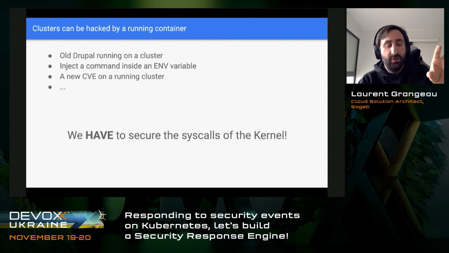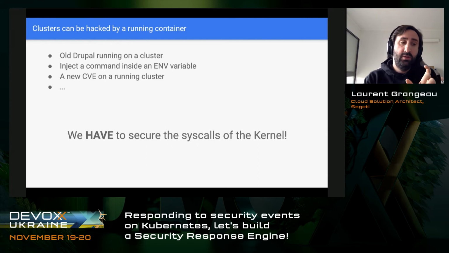We can go also to the machines running on AWS, and then you can call the metadata server and get a key to be able to hack your AWS cluster. So it's really important to have the latest updates on your running containers.